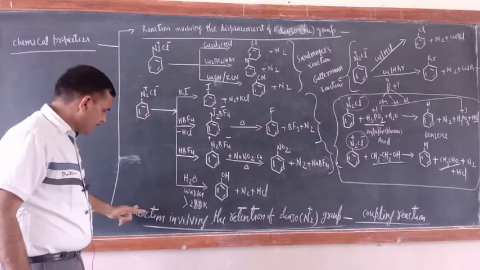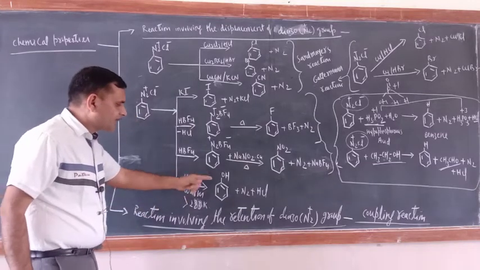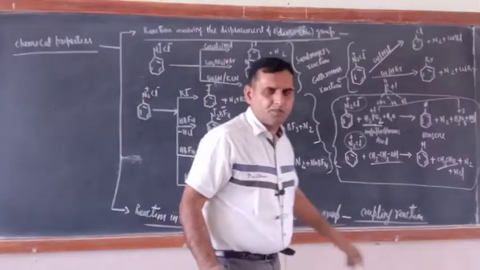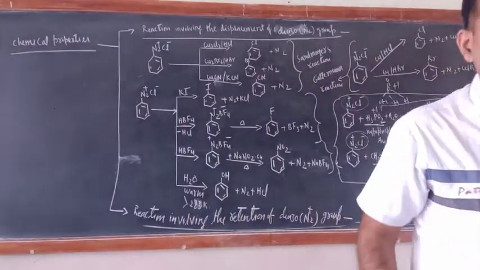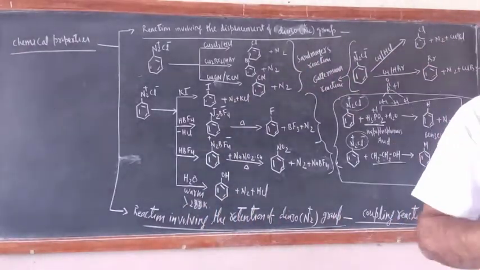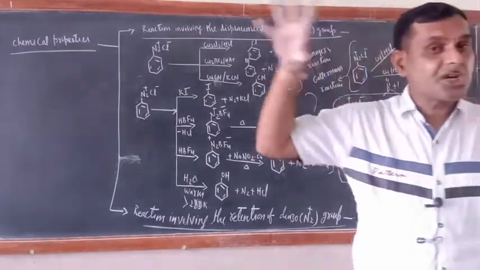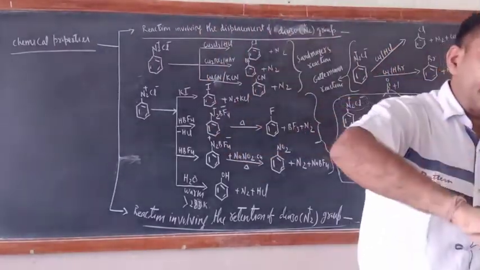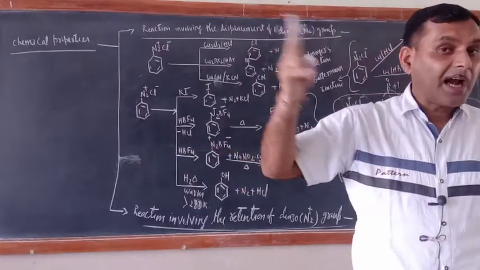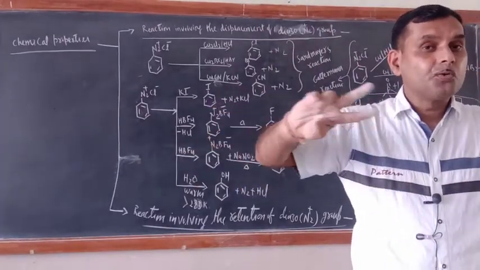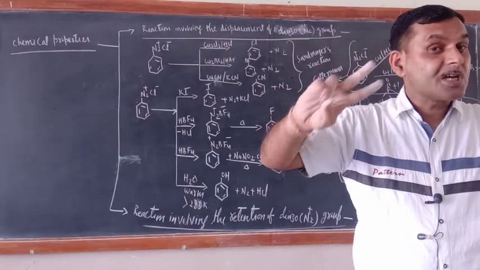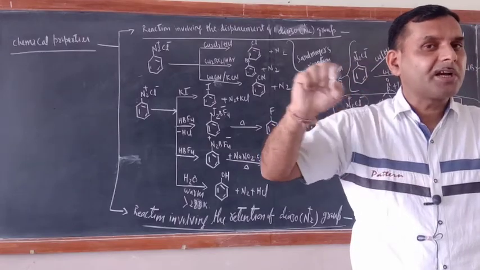Now the second category reaction is the reaction involving the retention of diazo group. Coupling reaction. That is important. Benzene diazonium chloride reacts with another electron rich aromatic compound like aniline and phenol, and they form two benzene rings which are held together by the diazo group.